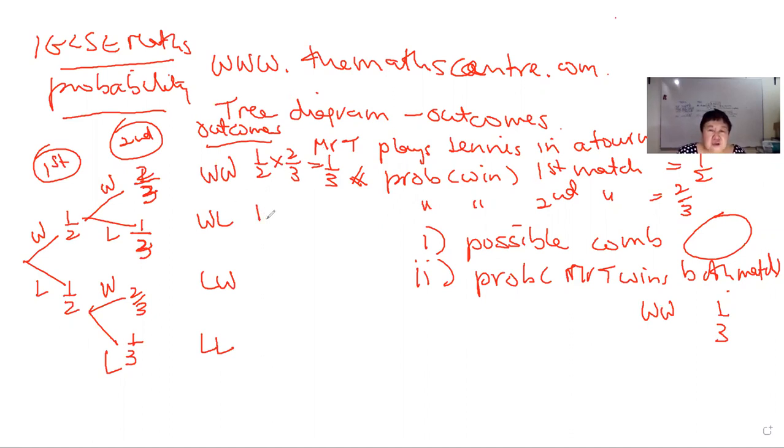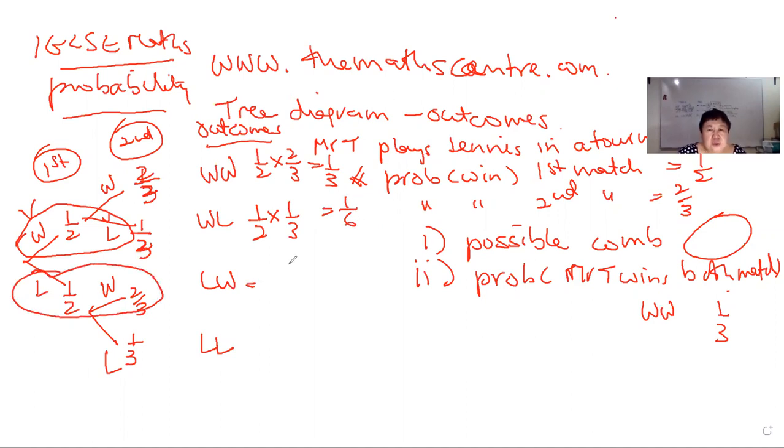The probability of winning and losing will be half times 1/3, which is 1/6. The probability of losing and winning will go this way, which is half times 2/3, again 1/3. Now the probability of losing both will be half times 1/3, which is 1/6.